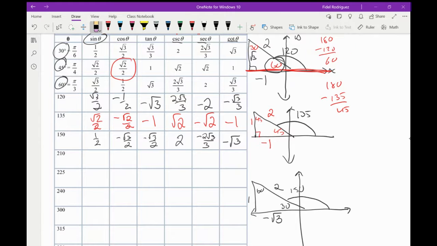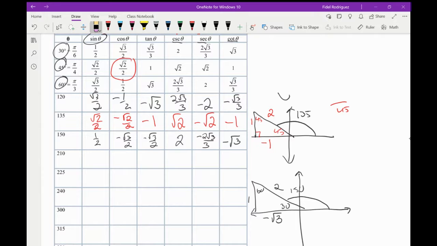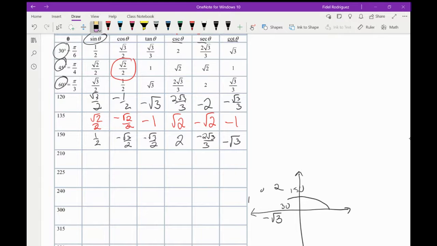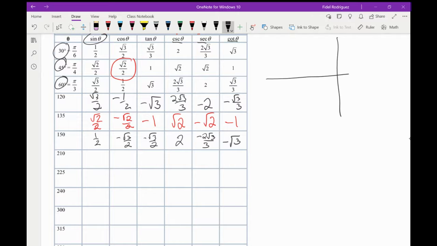So look, I'm going to clean up some of this mess because we don't really need all of this. And we're going to just keep doing the same thing we've been doing so far. So hold on, let's go slow, right? We're going to draw a picture again. Now we're looking at 210 degrees, right?